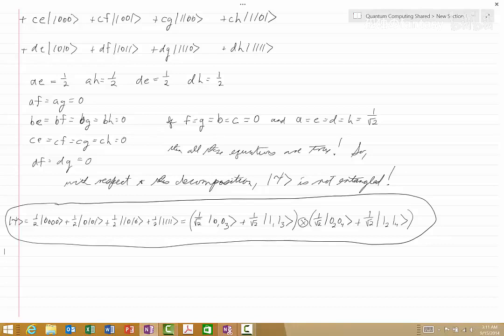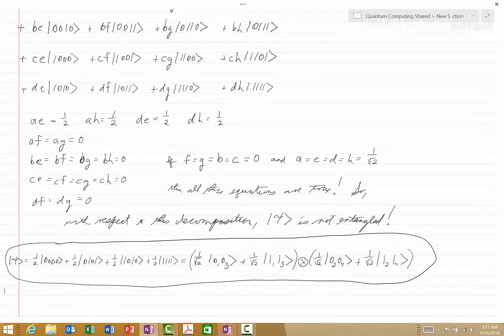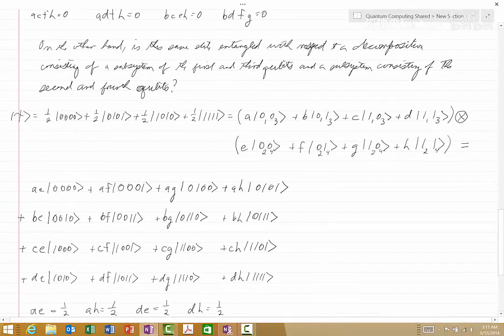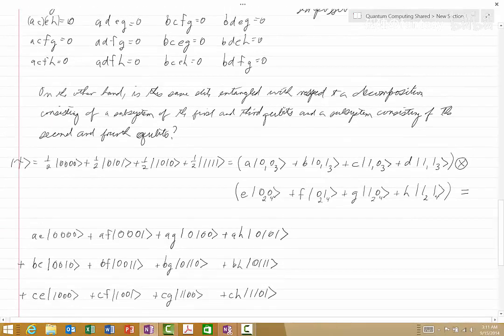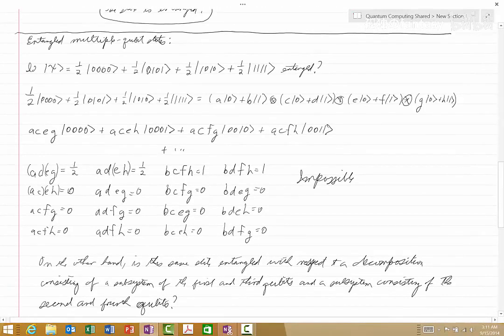But as we have just seen in this example, just because something might be entangled with respect to n 1-qubit states, notice that C was entangled with respect to the 4 1-qubit states.